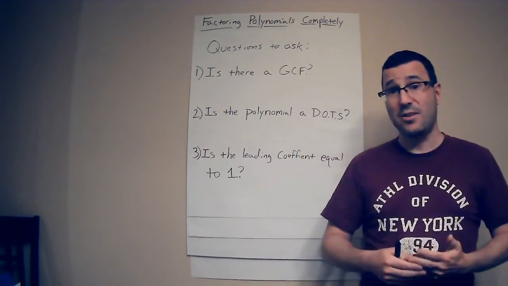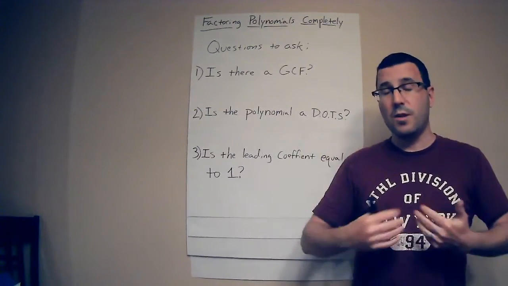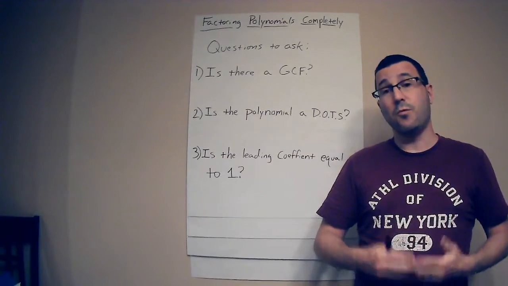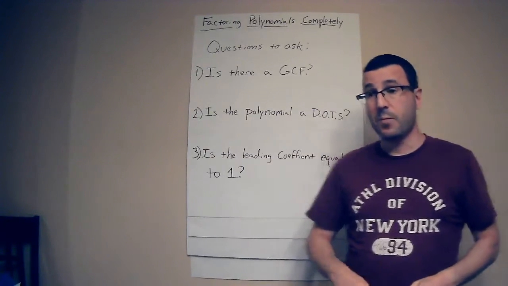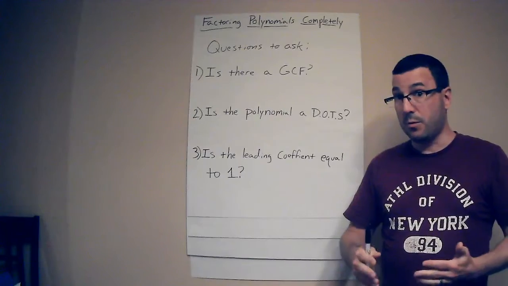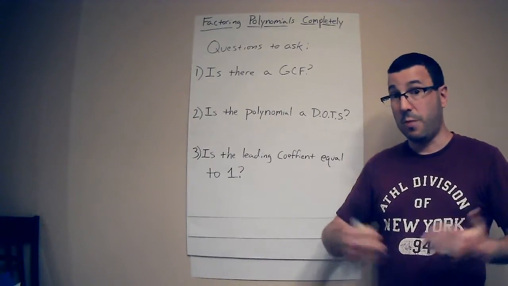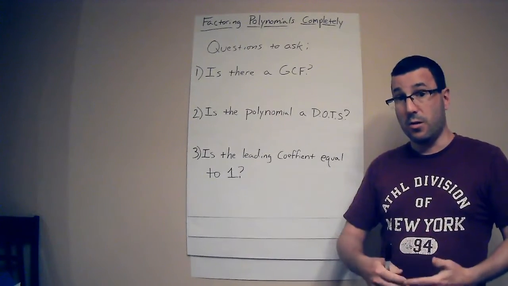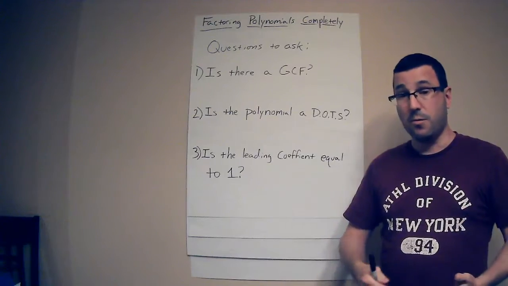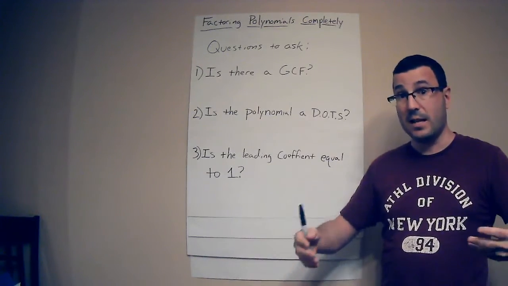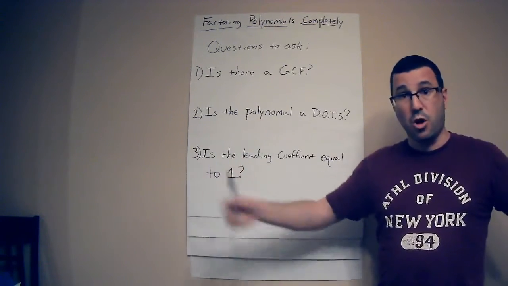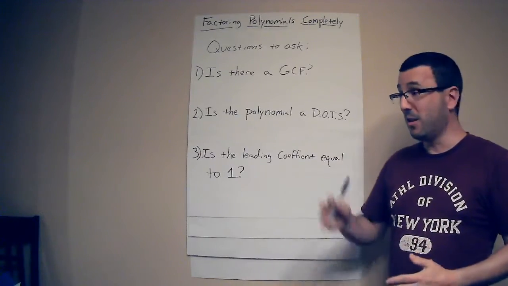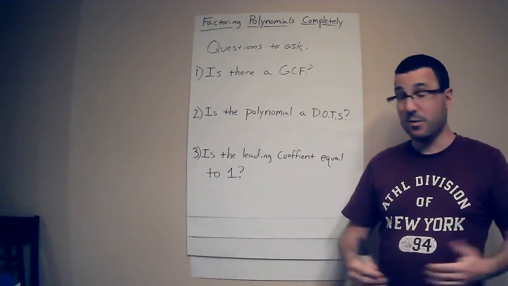If the answer to that is no, then you're going to be doing some form of trinomial factoring. That's all we're going up to at this point. There are other polynomials, you go to the third power or fourth power, things like that, and have more and more terms. But we're only going to deal with up to trinomials.